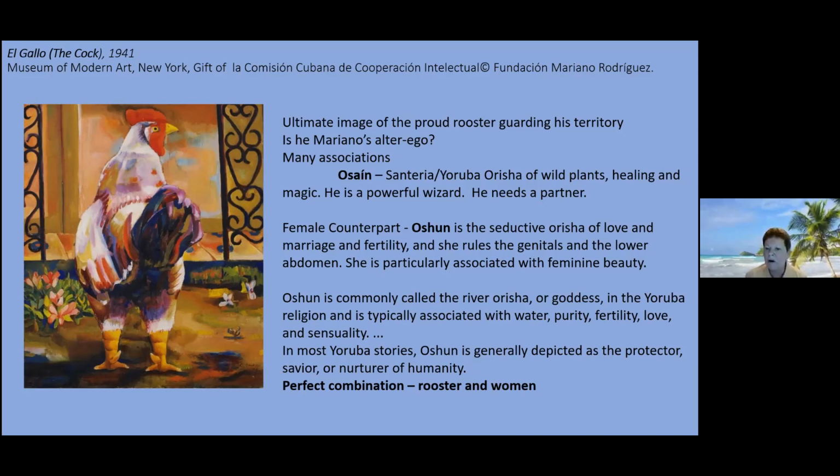Oshun is commonly called the river orisha or goddess in the Yoruba religion and is typically associated with water, purity, fertility, love, and sensuality. In most Yoruba stories, Oshun is generally depicted also as a protector, a savior, a nurturer. It's a perfect combination, right? The rooster and woman. The rooster needed a partner and the woman comes along.